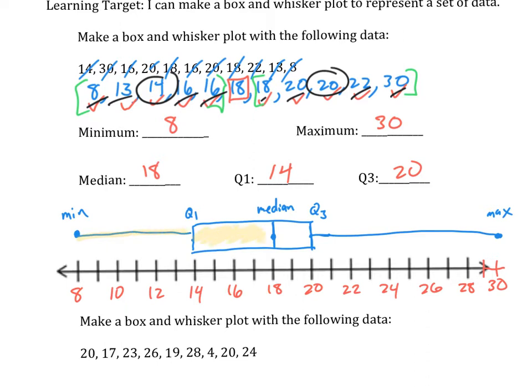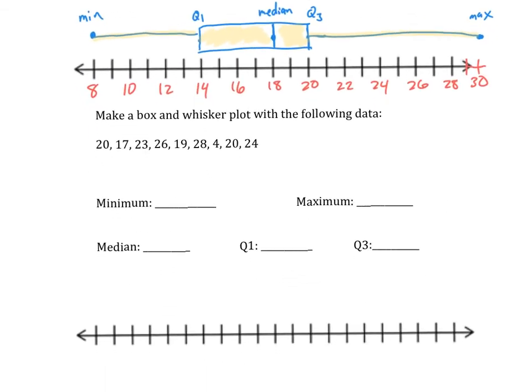This box is 25% of our data. This box is 25% of our data. And then this long stem is another 25% of our data. We'll talk about that a little bit later in the video when we talk about interpreting box and whisker plots. For now, let's just look at another example.